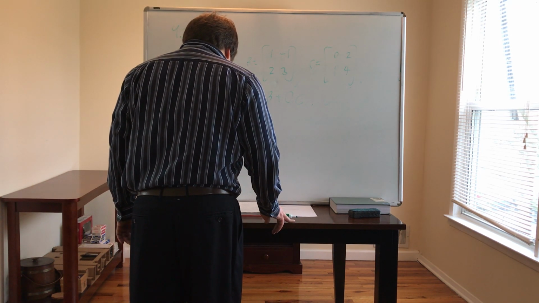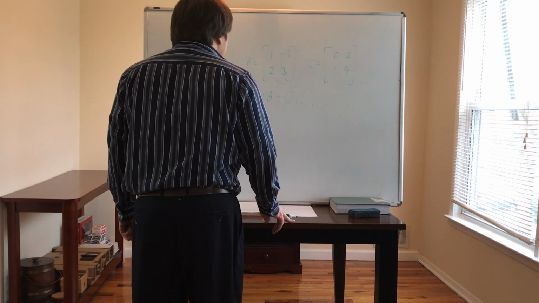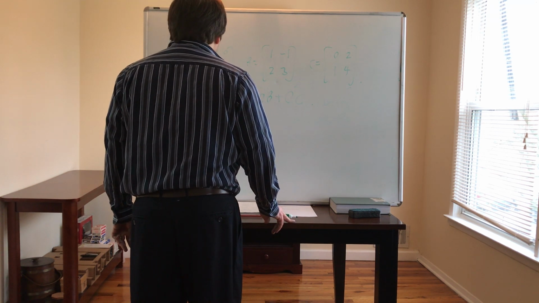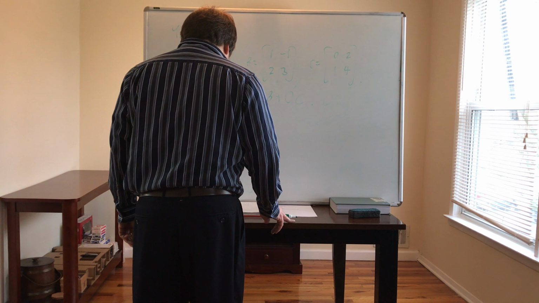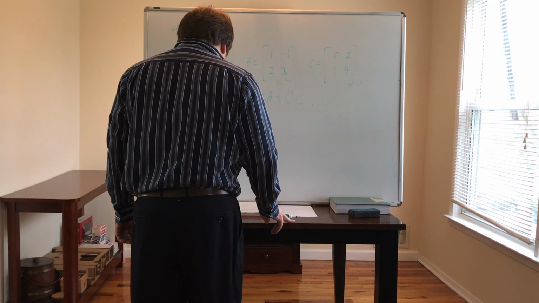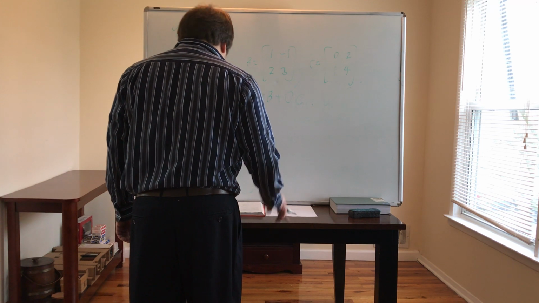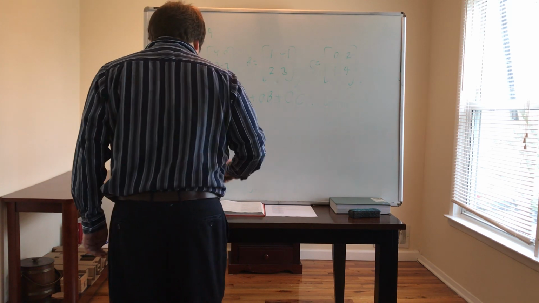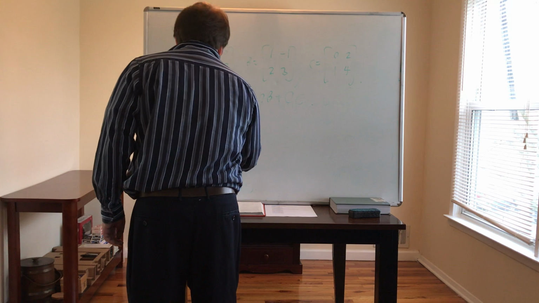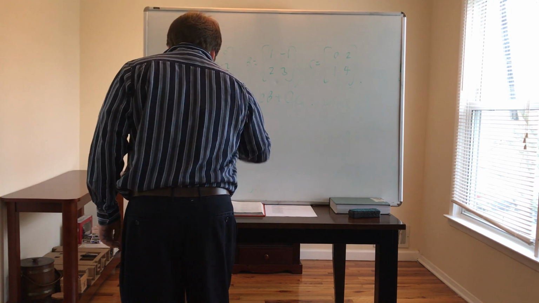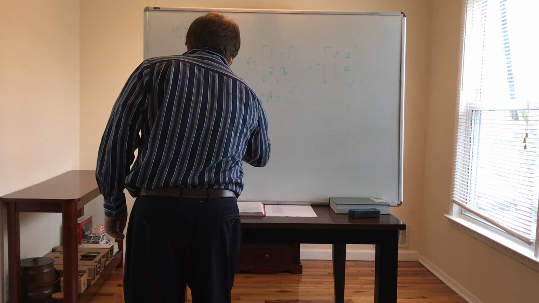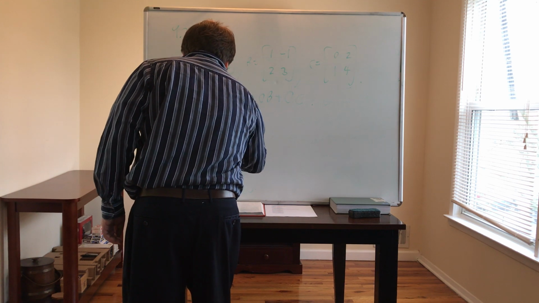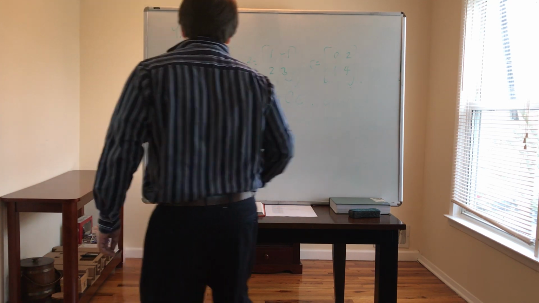Which one would I want to do next here? Let's do A. Let's just do A. So for A, it's 6, negative 8, negative 1, negative 8.